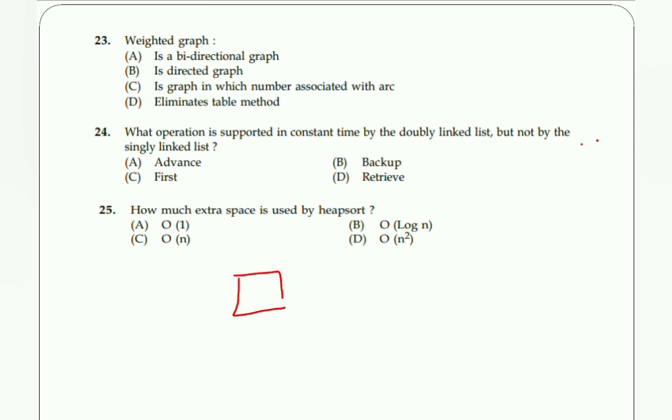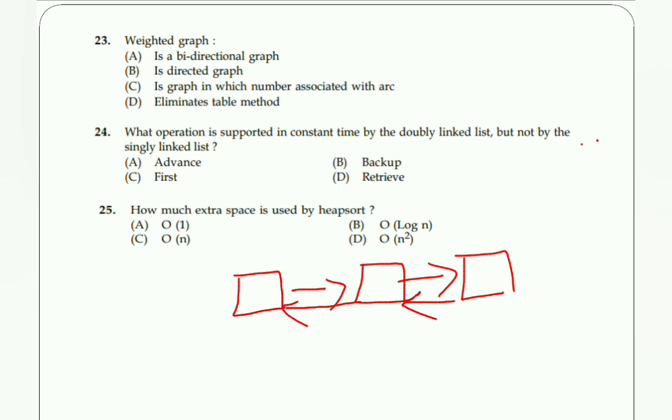In the singly linked list, we can traverse only in one direction. And in the case of a doubly linked list, we can traverse forward as well as backward. In a singly linked list, we can't access the previous node or back node. That's why the answer is the backward traversal option here.